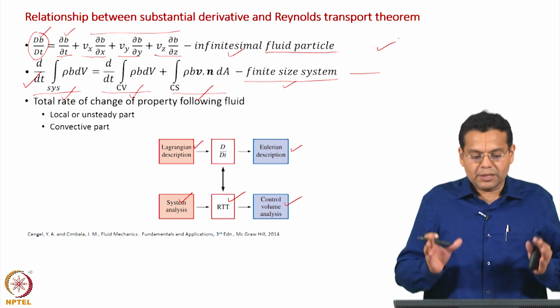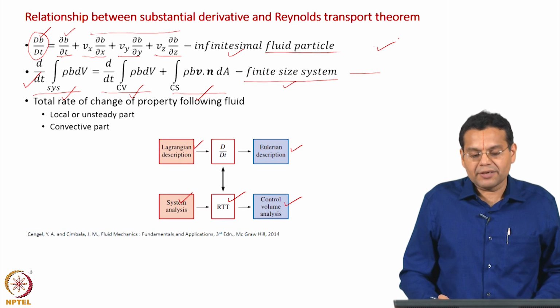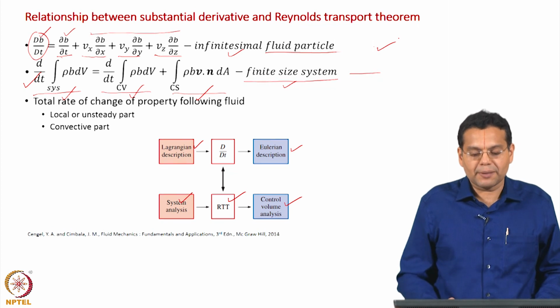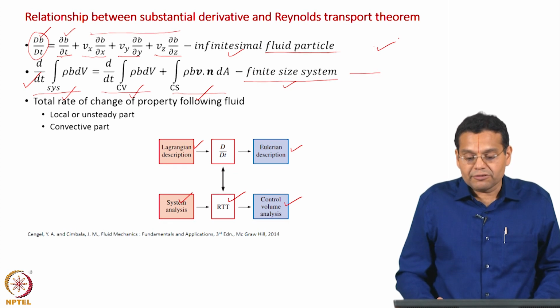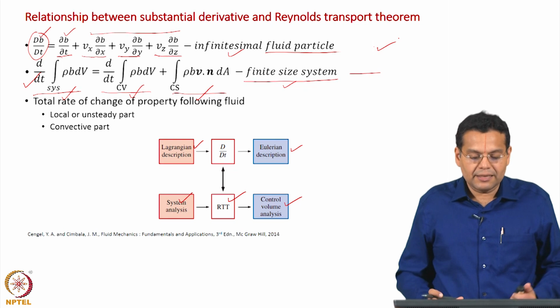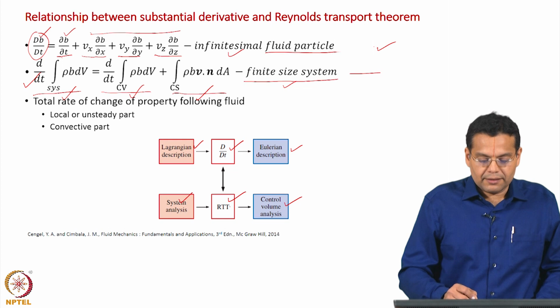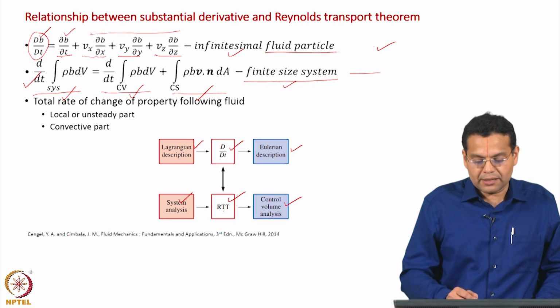Okay. So, in terms of physical significance, they are analogous. In terms of size, they are different. One is for an infinitesimal fluid particle, the other one is for a finite size system, and that is the relationship between d by dt, the substantial derivative, and the Reynolds transport theorem.